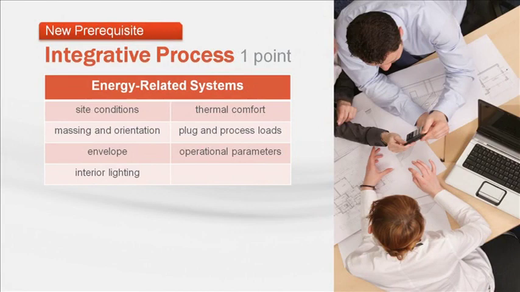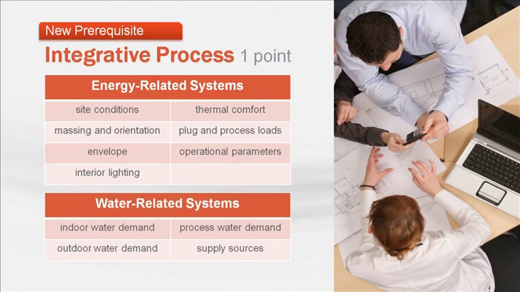The requirement is to use a simple box energy model to explore alternative options outside of industry standards. The simple box model can utilize a basic schematic building form that advises the project team on the building's likely distribution of energy. For example, the project team would comply with the energy side of the integrative process credit if they analyze both site conditions, such as shading, and envelope attributes, such as increased insulation.